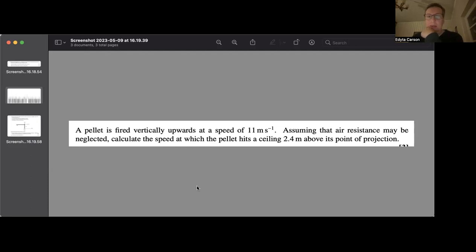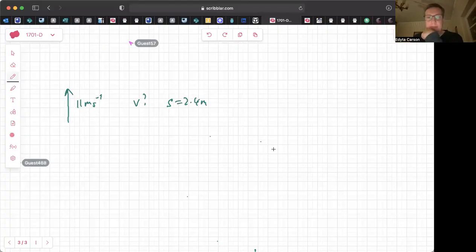Okay, so let's figure that out. Let's go back to the whiteboard for that. Normal practice for these kinds of questions is to write down what values these 5 things take. So SUVAT it's called. S, we want to know what the value is going to be at 2.4 meters.